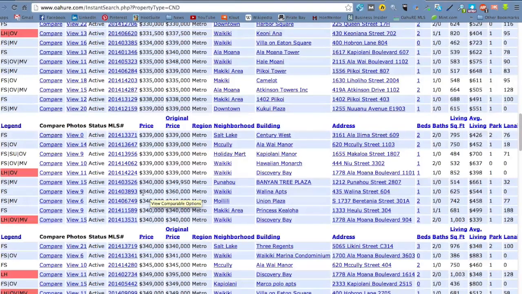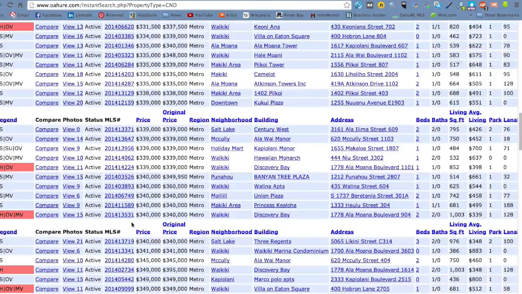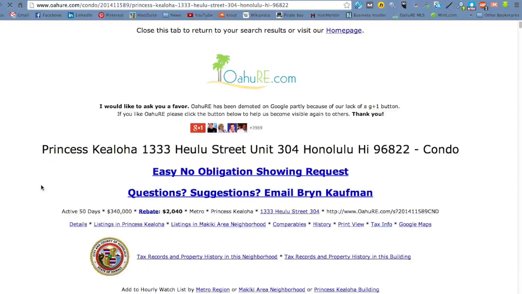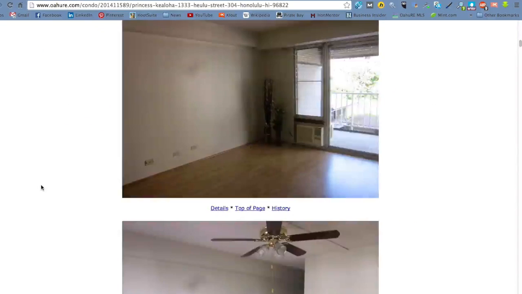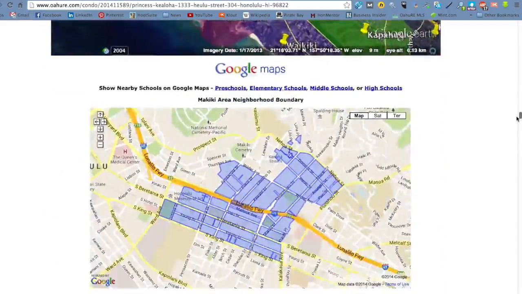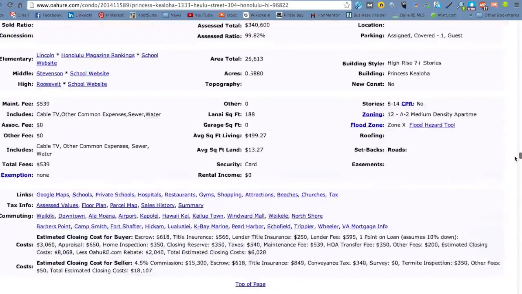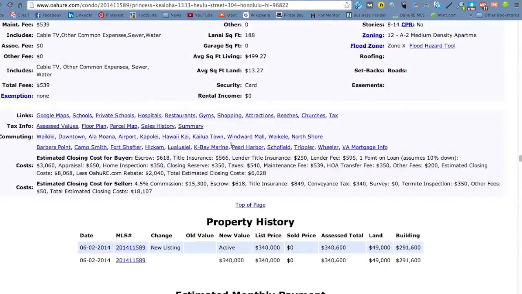Okay, so we're going to go ahead and choose one of these. We'll choose this one, $340,000. We're going to do this one here. Okay, and let's go ahead and scroll down past the maps right here. Now I'm looking for the closing costs. Here they go.